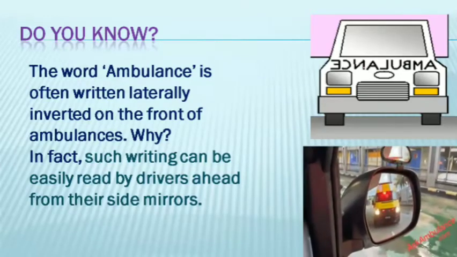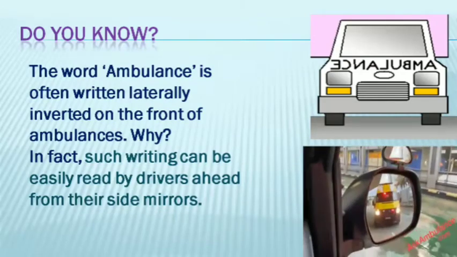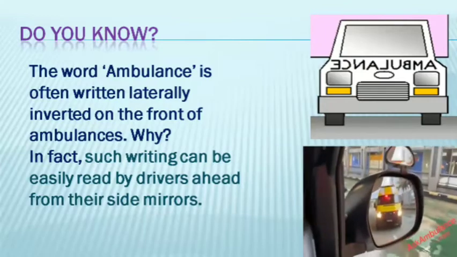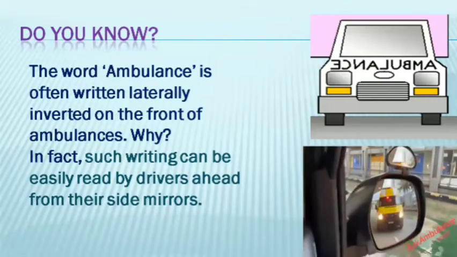It is literally inverted in real, but in the mirror it will be inverted again, so it will be straight writing. Then we will give way to the ambulance because that is an emergency situation.